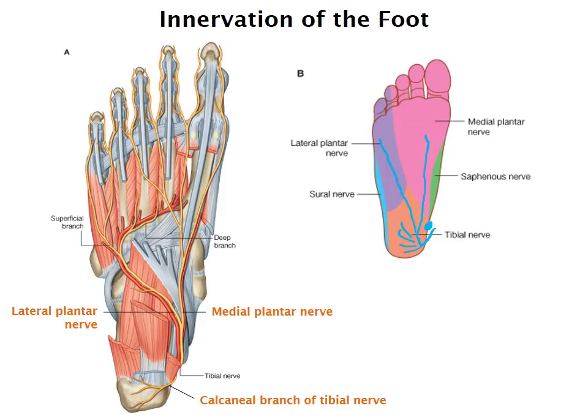And of course, that medial plantar nerve will give off cutaneous distribution medially to the first 3.5 digits, and the lateral plantar nerve laterally to the most lateral fifth digit and half of the fourth digit. Note also that the plantar surface of the foot can be innervated by the saphenous nerve medially and the sural nerve laterally.